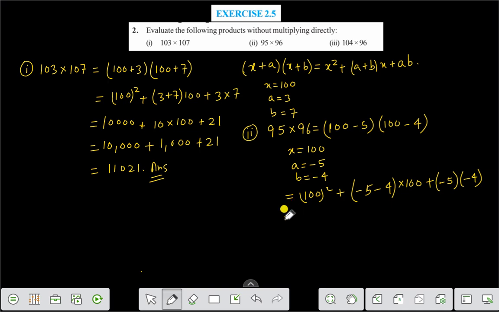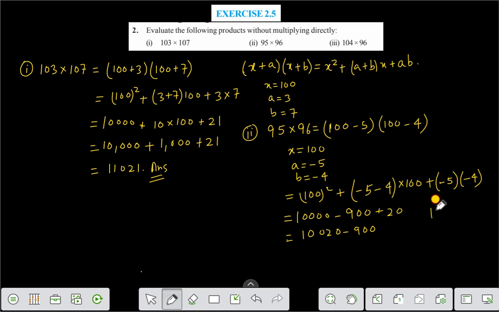Now we are getting 10,000 minus 5 minus 4 is minus 9 into 100, that is minus 900, plus, minus into minus is plus, 5 times 4 is 20. That means we are getting 10,020 minus 900.